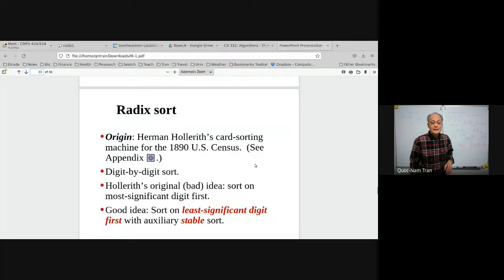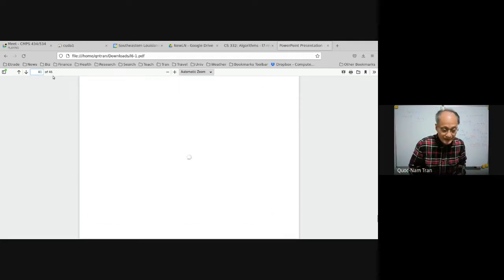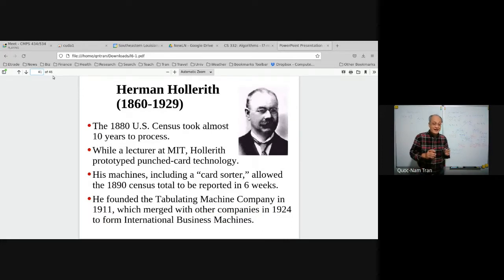So radix sort was invented by Herman Hollerith, who was at the US Census. Now, let me give you a motivation about that. In 1880, the US Census took almost 10 years to process the data they collected from households around the United States.